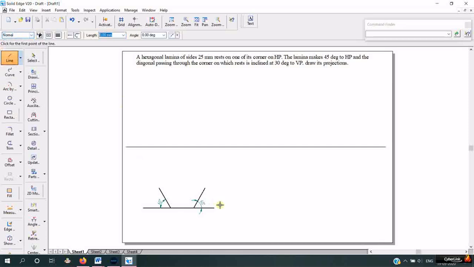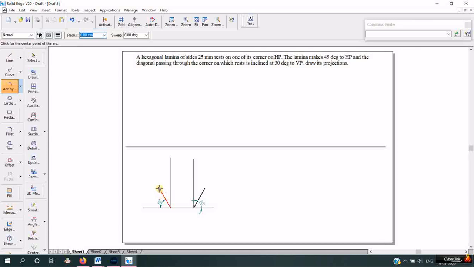So use the normal line. From this point, extend the line like this, and from here, from the end point, use a compass while constructing in the book. Take the radius as 25.